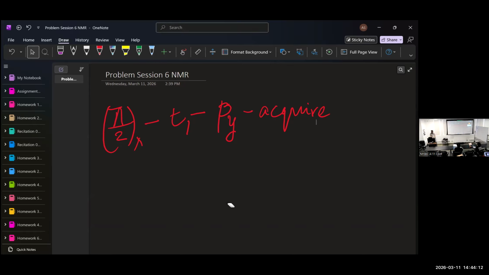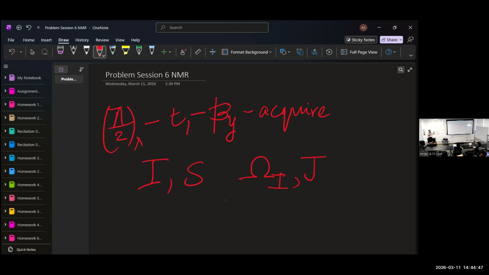Assume that at the start of the sequence you have two spins, I and S. I'm just going to use I and S for simplicity, but assume that they are homonuclear, so they're the same nuclei, both protons, for example. Assume you have chemical shift omega I and the J coupling, and you start this pulse sequence from I. In principle, you will get both I and S. The equilibrium density operator is both Iz and Sz.